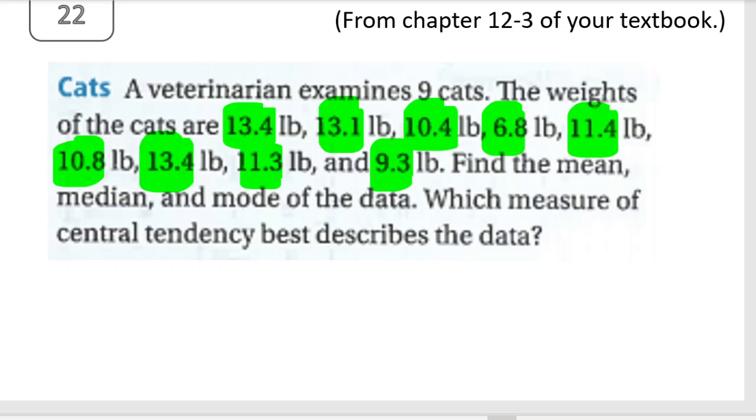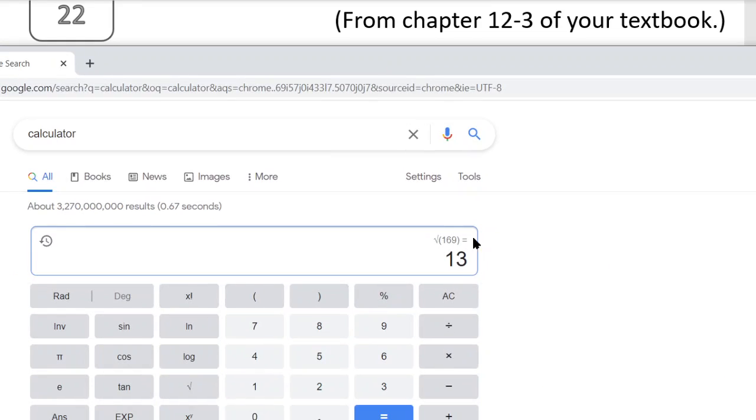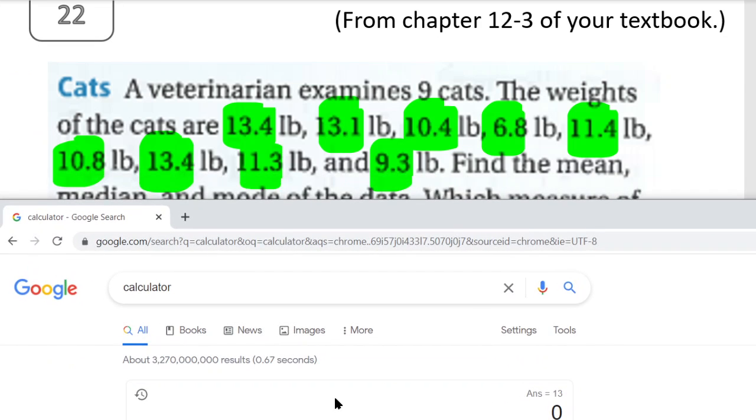So let's see here. The mean is the first thing. So the mean is our average. So I'm just going to take all of those numbers and plug them into my calculator. Added together.